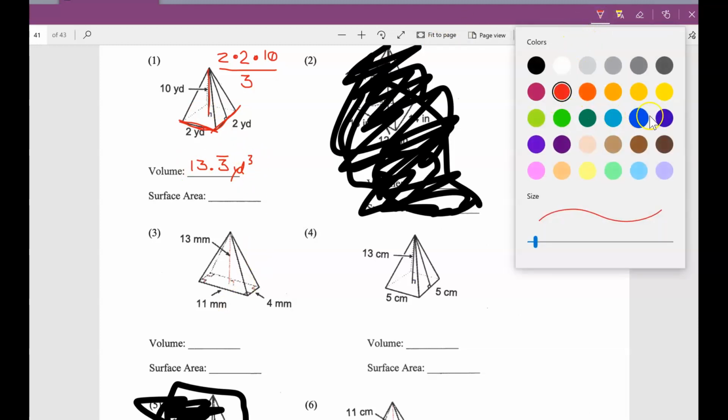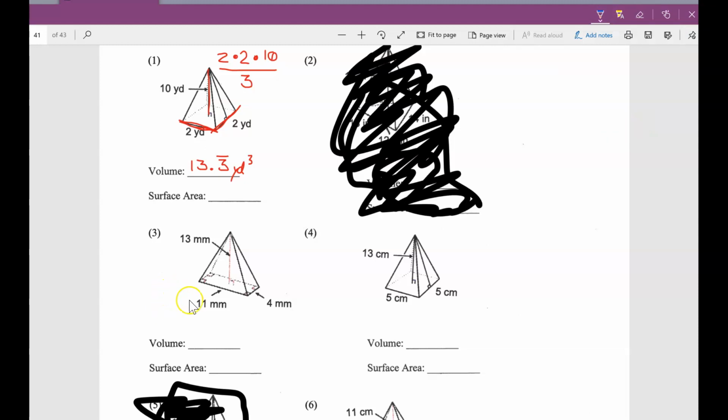Take a look at another example, an example that is not a square. Here on number 3, we have a left to right measurement of 11. Let's go ahead and write down 11. We're going to multiply that by the front to back measurement. Front to back is 4. Multiply that by the floor to ceiling measurement.